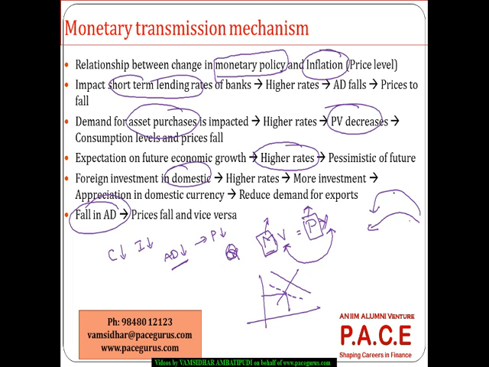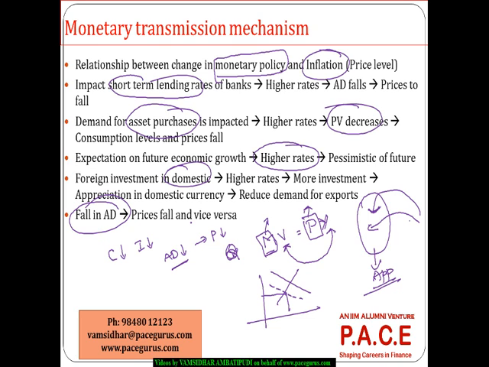So more and more investment comes in, and they try to sell their currency and purchase the domestic currency, which results in the domestic currency getting appreciated. An appreciation of the domestic currency reduces the demand for exports, which again results in a drop in the aggregate demand.